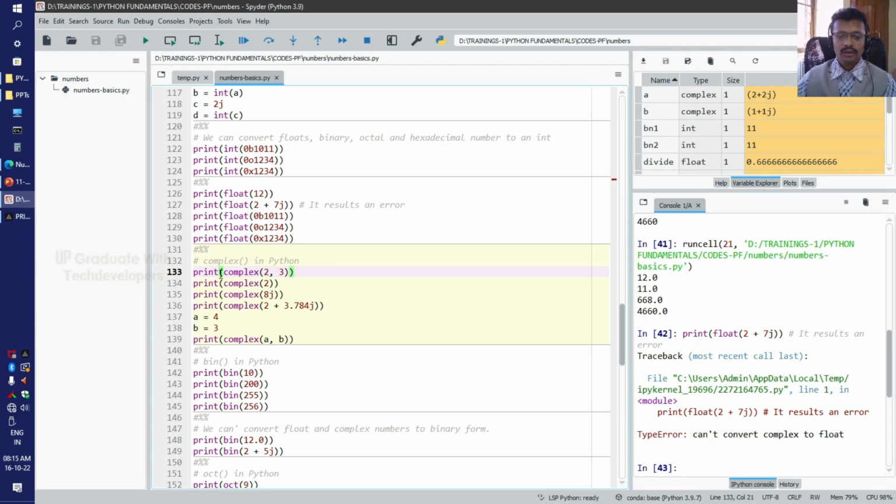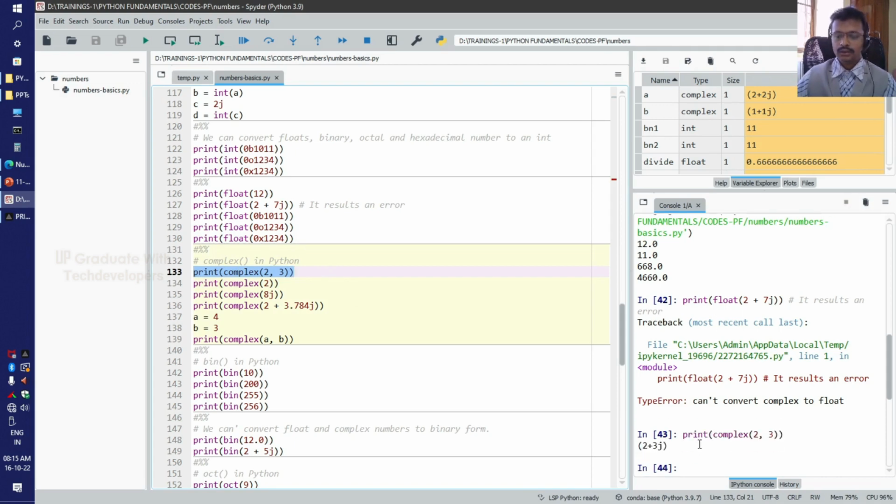Here I have taken the complex function. Inside the parentheses I am using two arguments, for example here 2 and 3. Let us see what happens. So it has created the complex number 2 plus 3j.